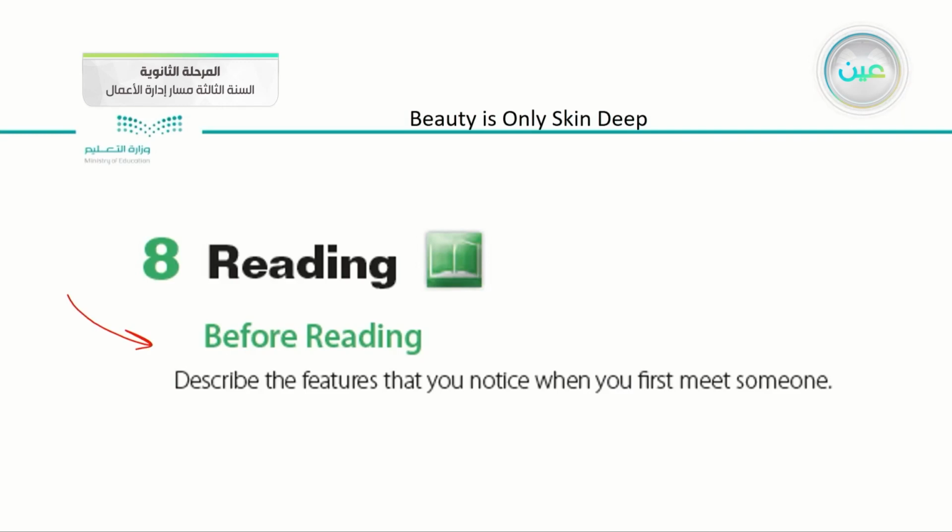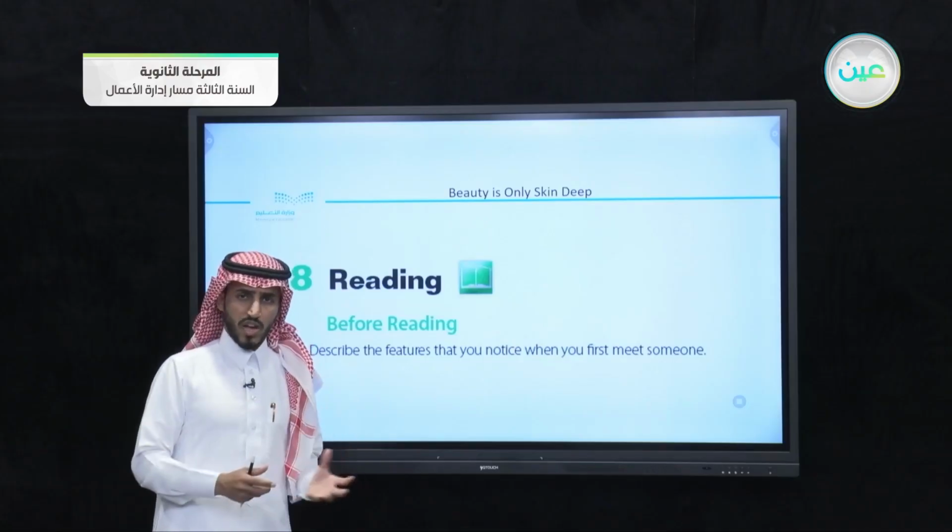We said that it's good to ask ourselves some questions or to read some questions regarding the essay. For example, here, describe the features that you notice when you first meet someone. This is a statement related to what we have read together.